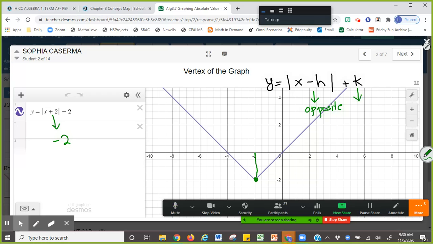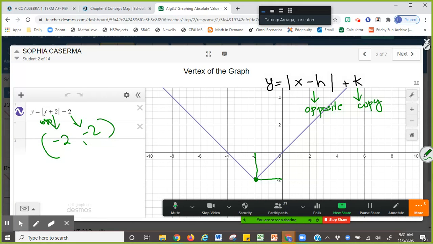But the value of k outside the parentheses, you copy it exactly. So this is -2. That's your vertex. So -2, -2. You see that one? Okay? All right. So you only do the opposite if it's coming inside.